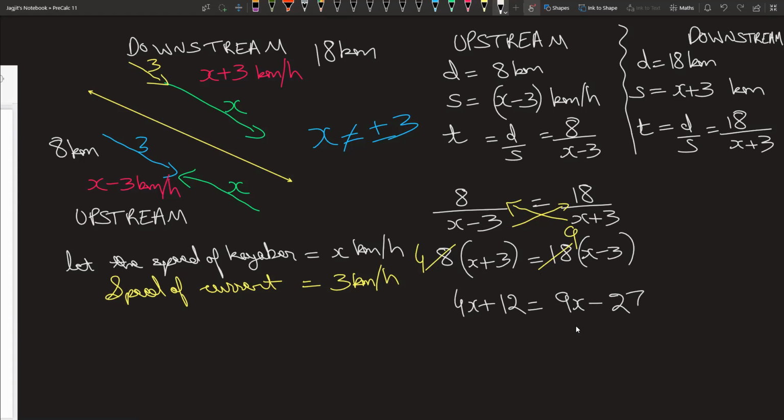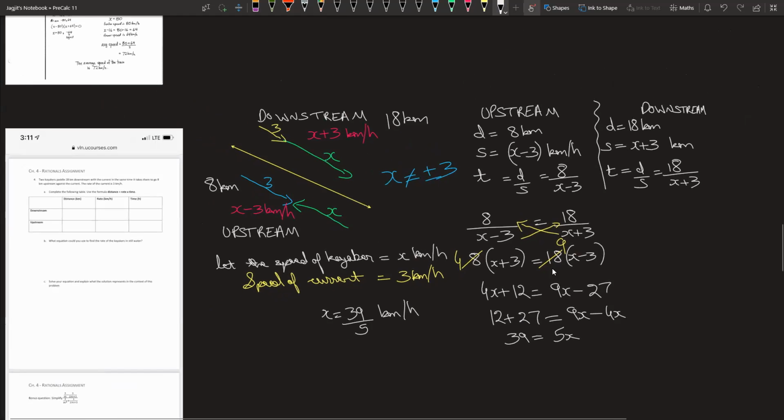Let's bring the X terms together and the numbers to the other side. So 12 plus 27 on one side, and 9X minus 4X on the other. 12 plus 27 gives you 39, and 9X minus 4X is 5X. Divide both sides by 5, and you get X is equal to 39 over 5 kilometers per hour.